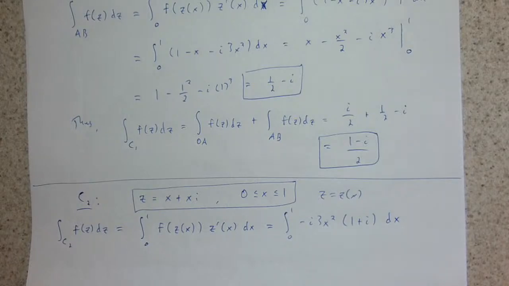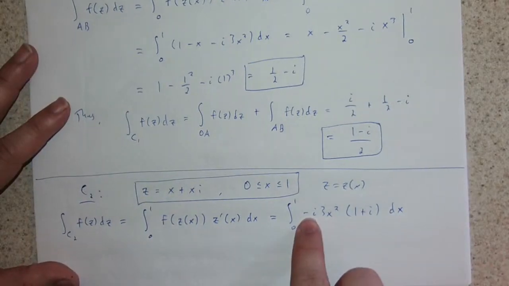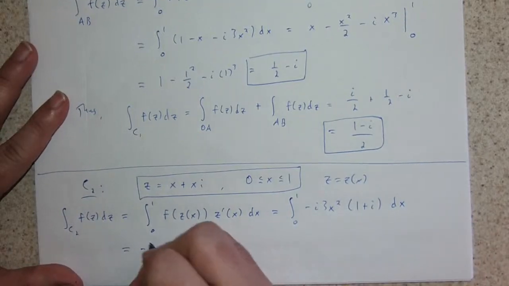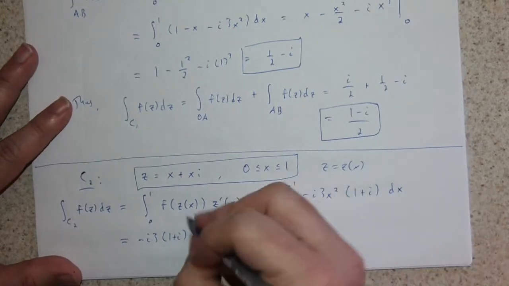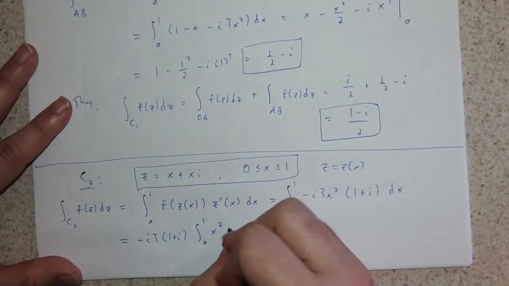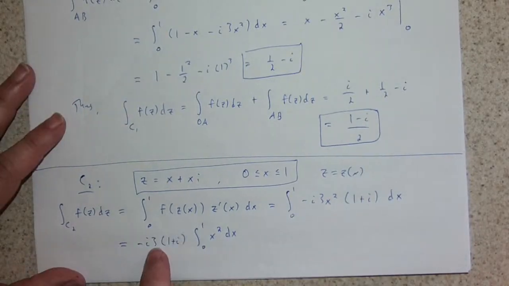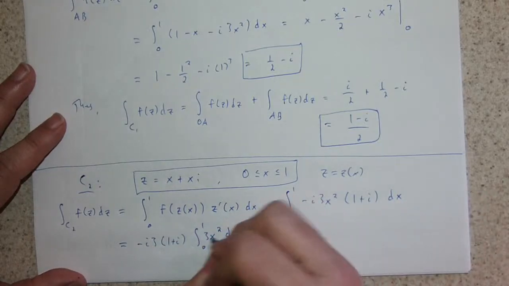And well, I can actually bring out minus i times 3 times 1 plus i times the integral from 0 to 1 of x squared dx. Well, maybe if you like, I can leave the 3 in. Let's leave the 3 in because the integral of 3x squared is x cubed.